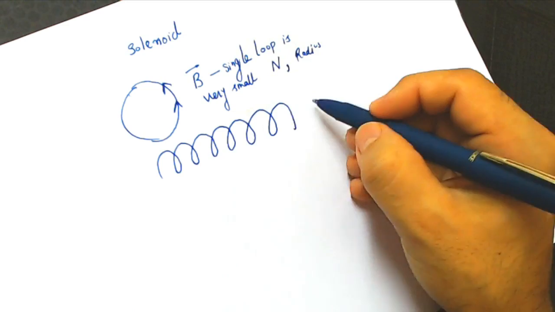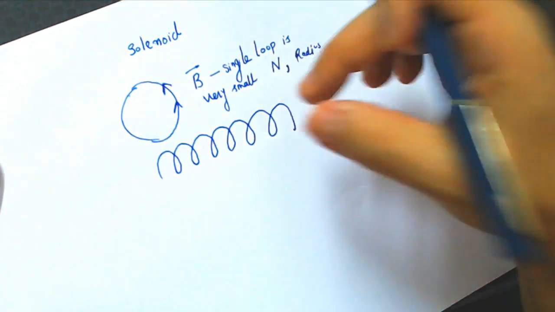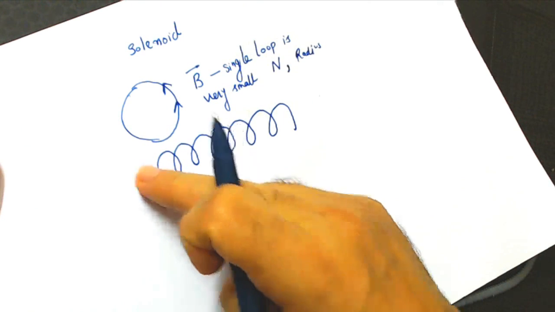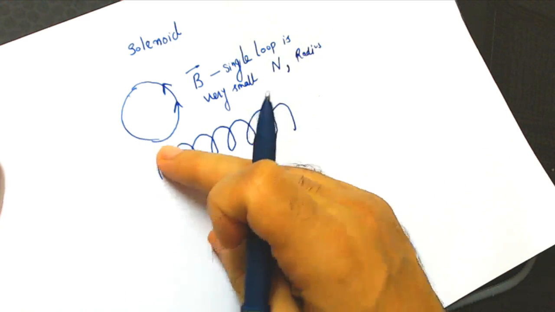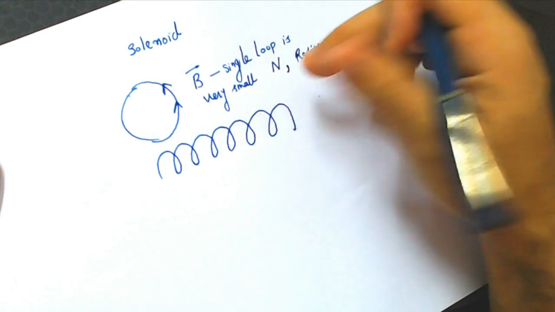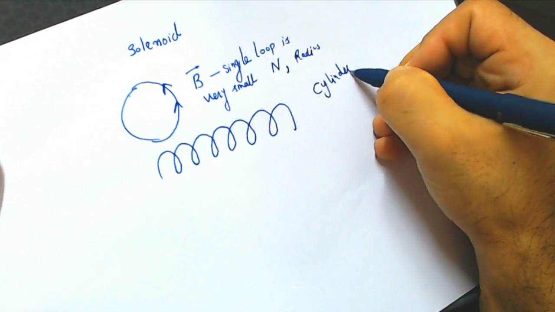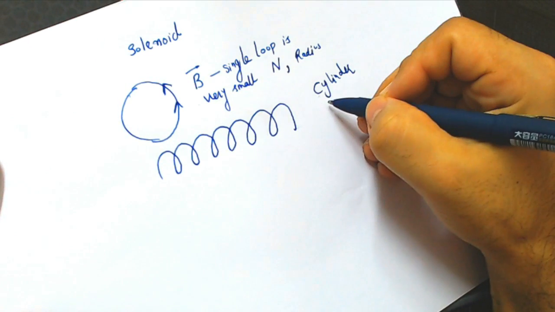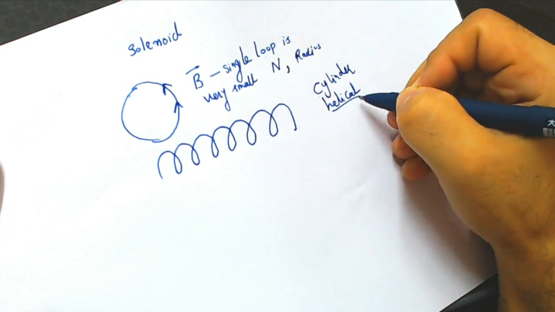So a solenoid is essentially a cylinder, right? The way to organize the electrical current carrying loops is a helix. So you proceed forward and the structure you get is a cylinder, and the way to organize this is essentially helical, okay?